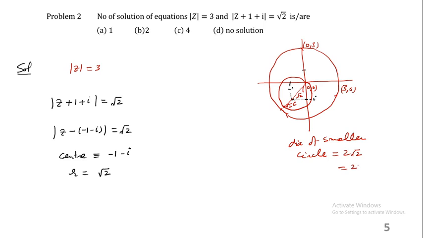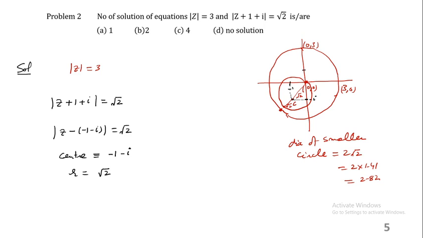That means 2 into 1.414, that will be 2.82 units. But the larger circle has a radius 3. So the smaller circle will not intersect the larger circle. It will lie completely inside. That I am saying. Okay.